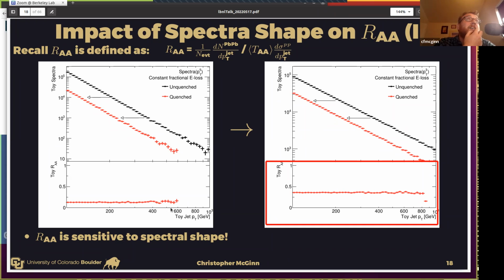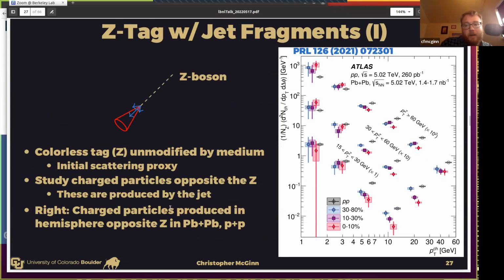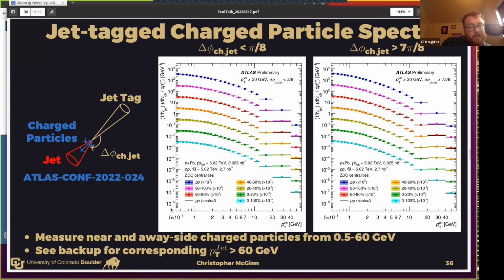Those are good questions that I don't have great answers to, but I do have answers. On the energy loss, given the spectral shape, here's the answer I can give: as we go to looking at this for paper, so this is still preliminary, answering questions like the spectral shape and the energy loss is part of what we're going to do.